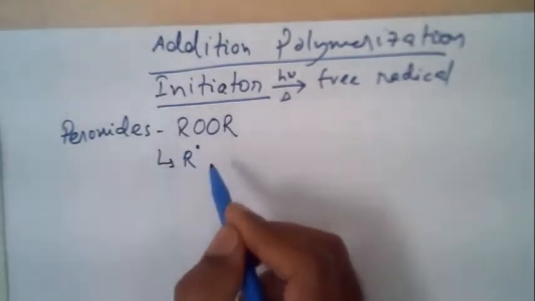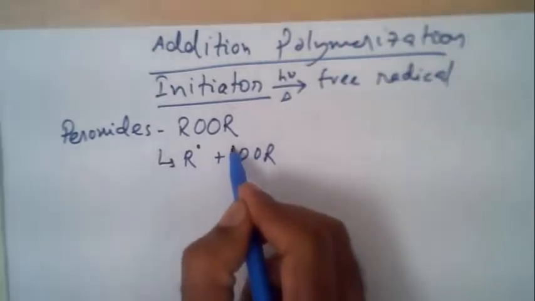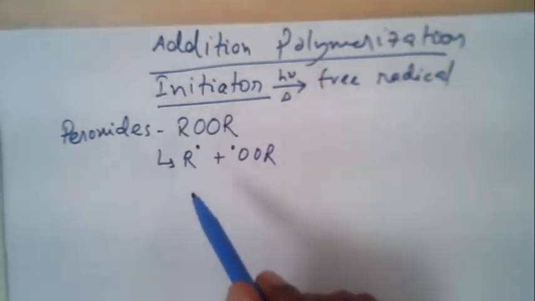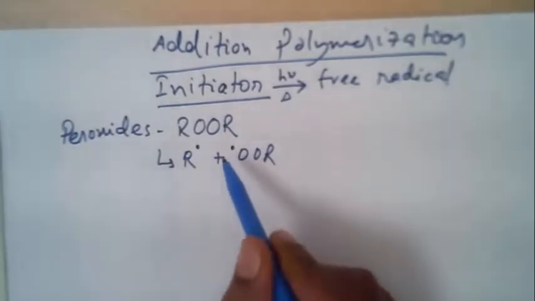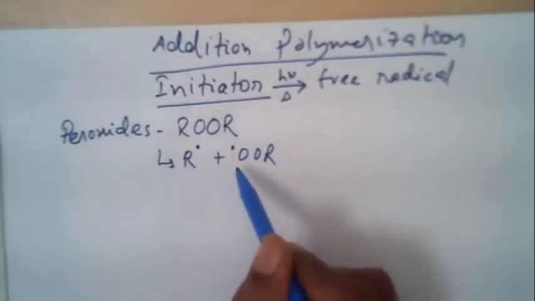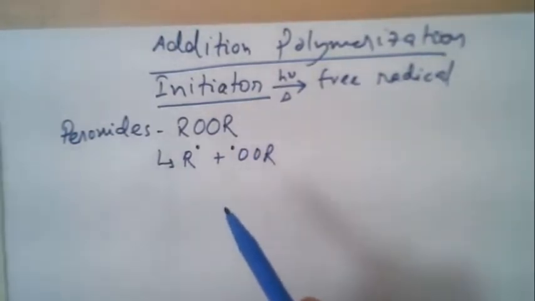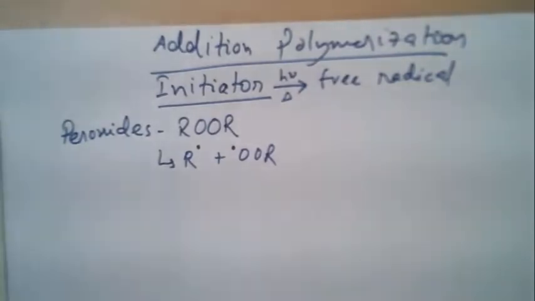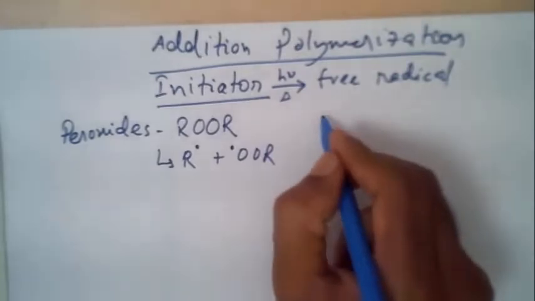This dot stands for an electron, and another dot here. There are two electrons in a bond, so when they break, they will be divided into two species, as you can see. But these species are highly reactive. These unpaired electrons are not stable, so they will always try to connect with some other electron.